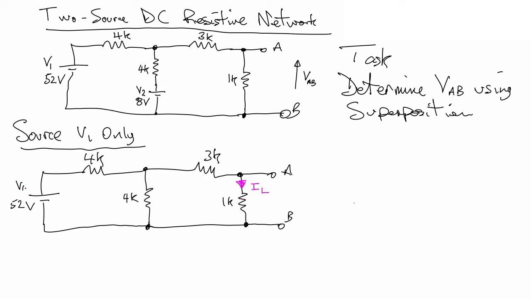So that subscript 1 there, we can denote by a superscript dash, so a single dash there, so IL dash. Okay, that's come from V1. Later on we'll have a look at IL double dash, and then we're going to add IL dash and IL double dash together. That's going to give us our target answer.